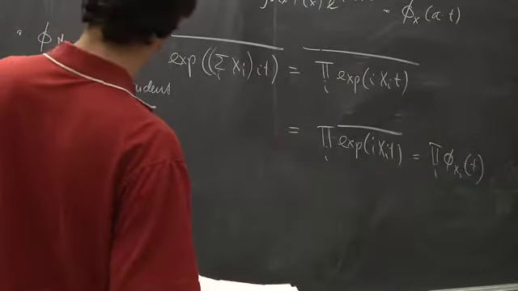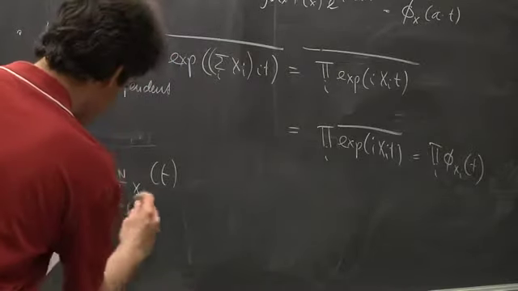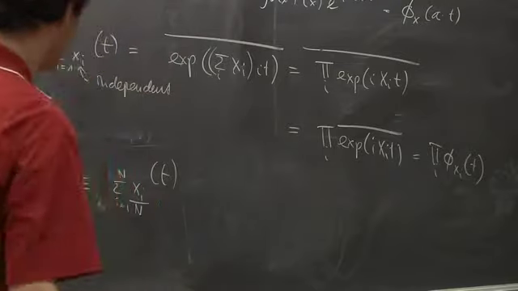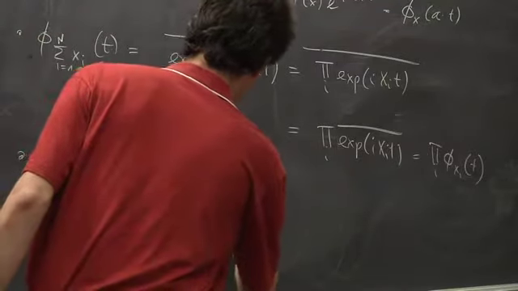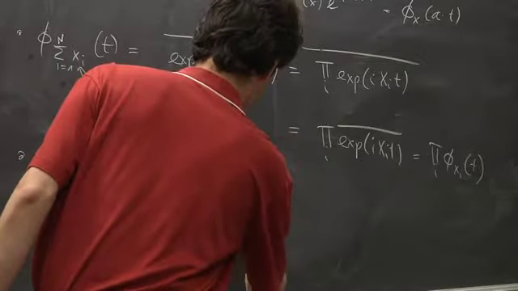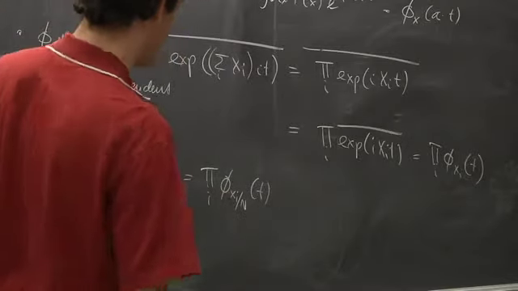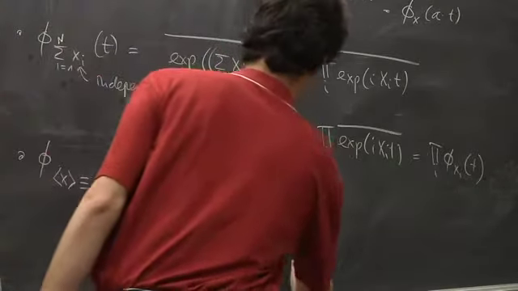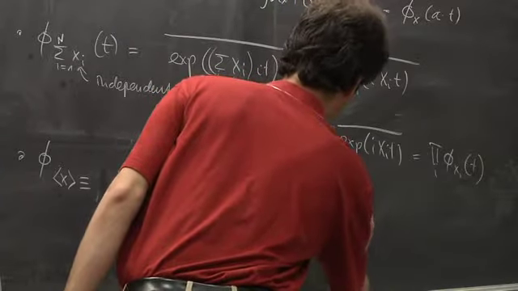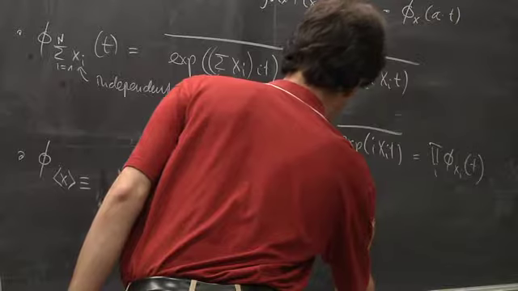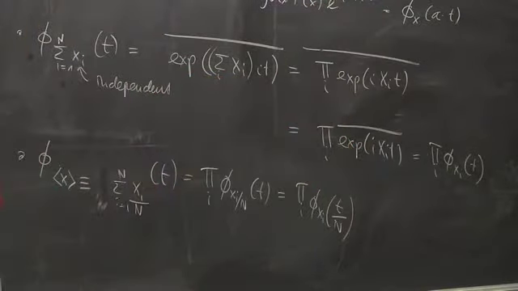That is the characteristic function of a sum, namely the sum of x_i divided by n. Okay, that we know is the product of the characteristic functions of x_i over n, and that by the first property is equal to the product of the characteristic function of x_i at the argument t over n.